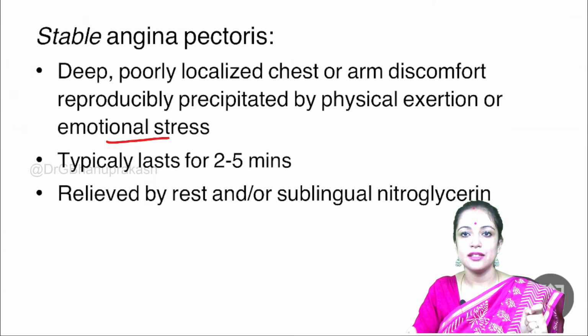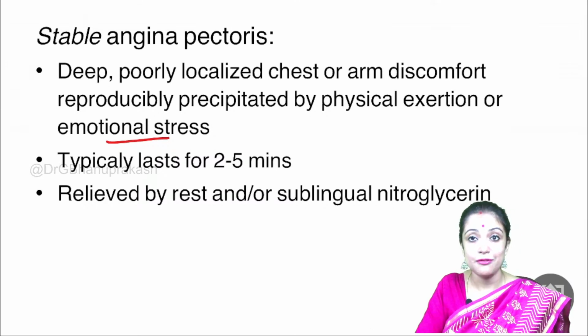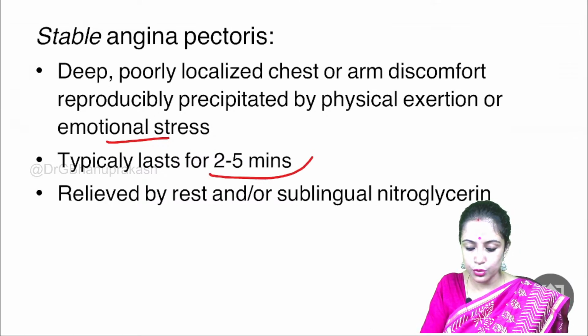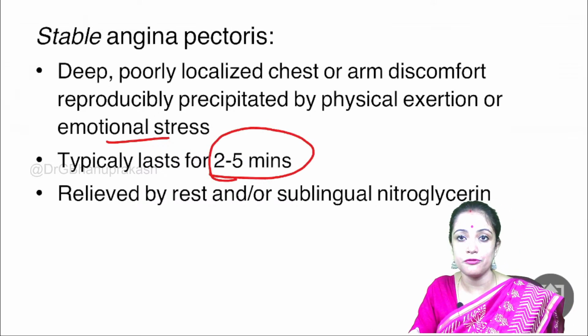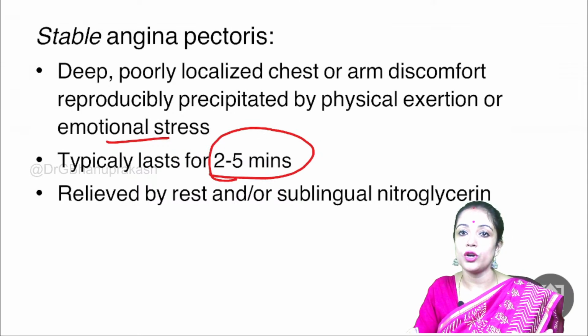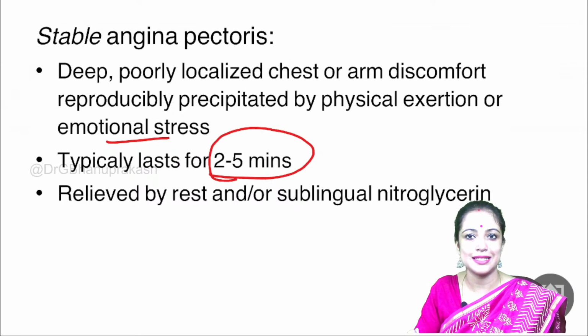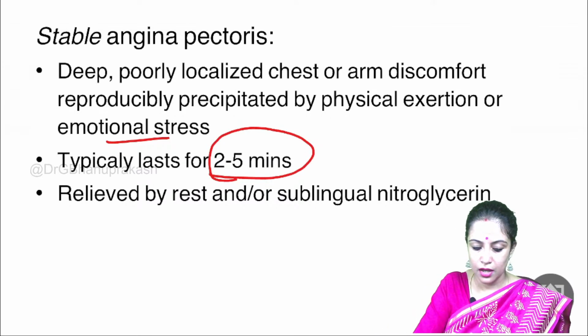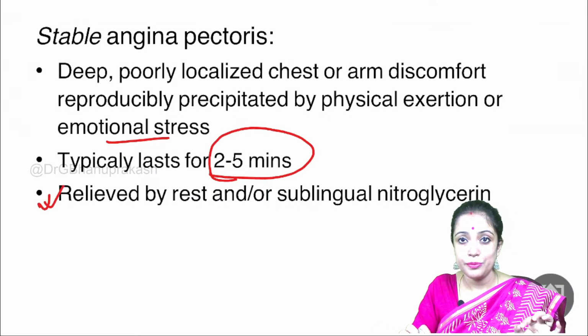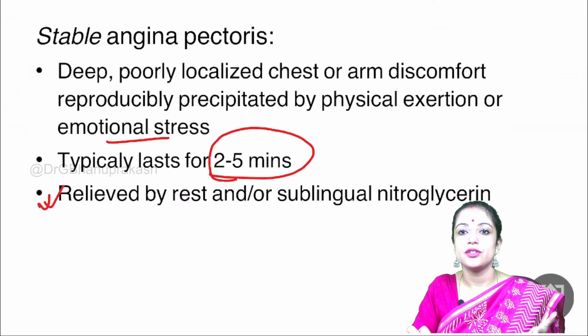Typically, the chest pain or discomfort lasts for 2 to 5 minutes, not more than 5 minutes. Some books say 1 to 5 minutes, but authors usually say 2 to 5 minutes. Very typically, as I have already mentioned, it is relieved by rest.